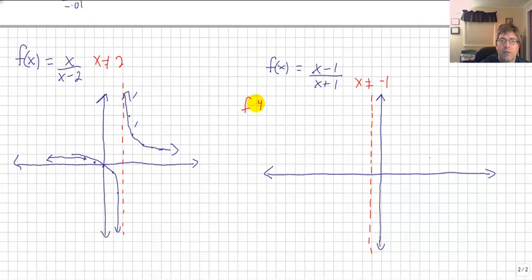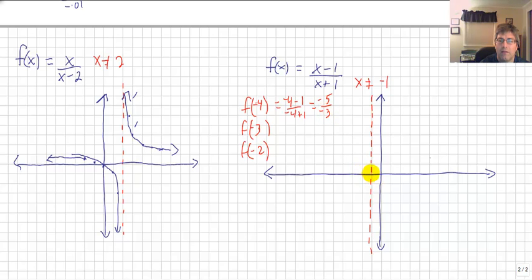Tell me what happens with f of negative 4 and f of negative 3 and f of negative 2. Well, f of negative 4 is negative 4 minus 1 over negative 4 plus 1, which is negative 5 over negative 3, which is 5/3.